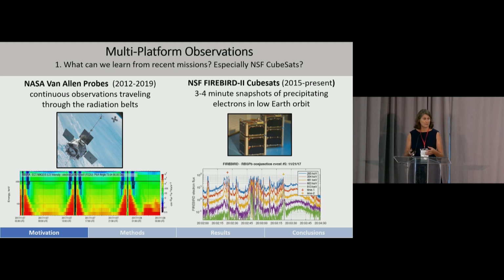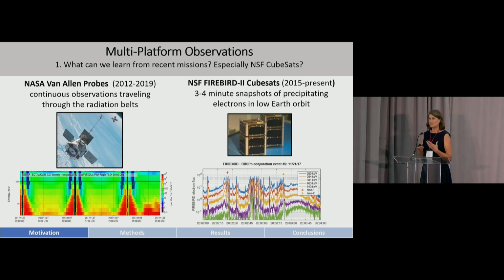So the question was, what can we learn from these new observations? The NASA Van Allen probes were orbiting from 2012 to 2019, providing near continuous observations within the radiation belts. The student-built FIREBIRD 2 CubeSats were launched in 2015, and one of the CubeSats is still providing data.